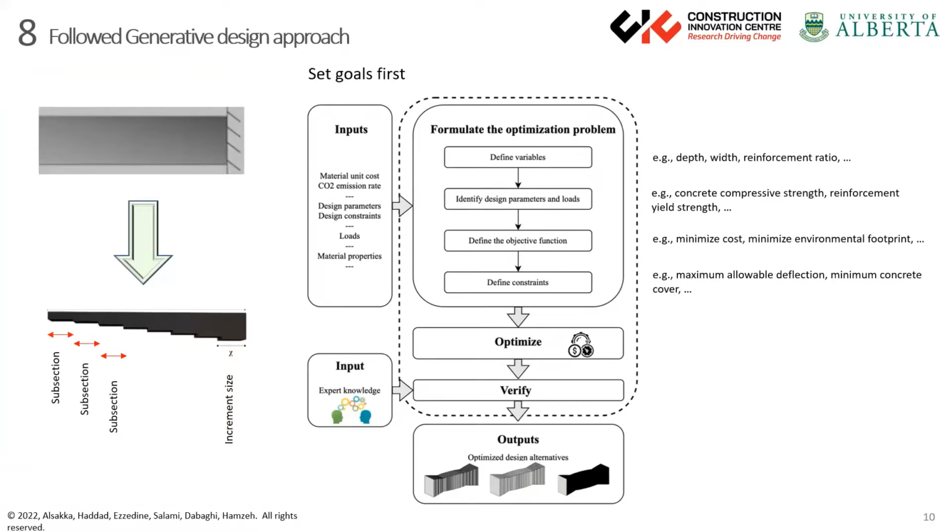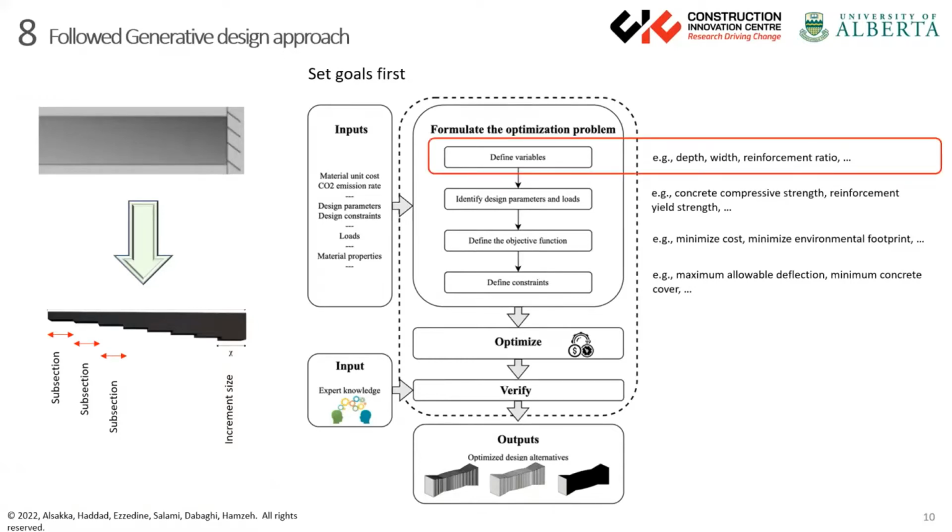Now, we should always start by setting our design goals. So what are we trying to achieve? Are we interested in minimizing the volume of concrete used, or are we interested in minimizing cost in general? And that includes concrete and steel. So what do we want to do? And then we need to define variables.